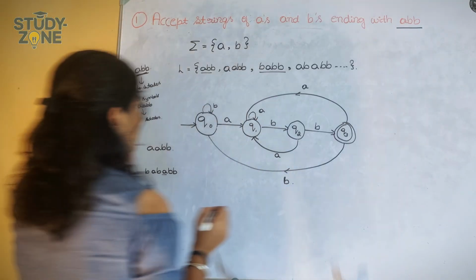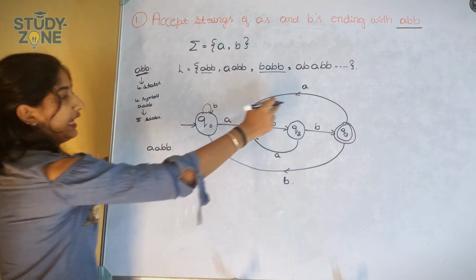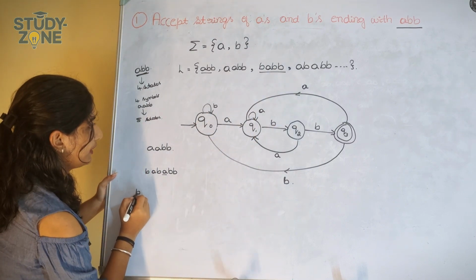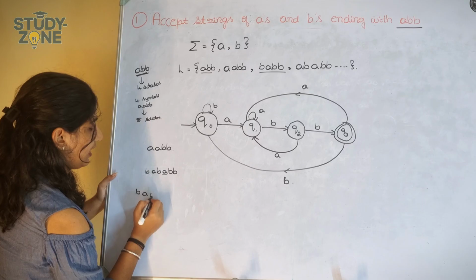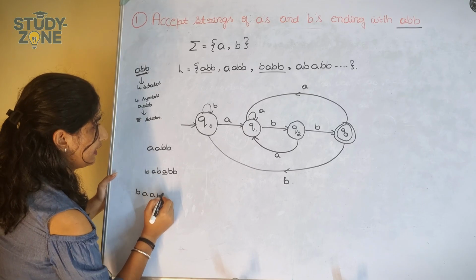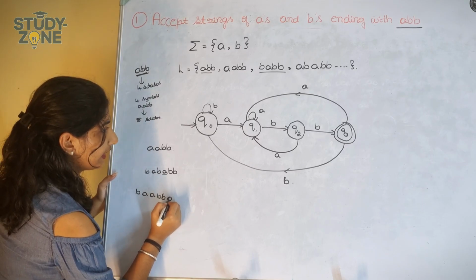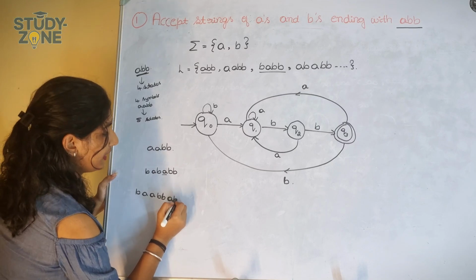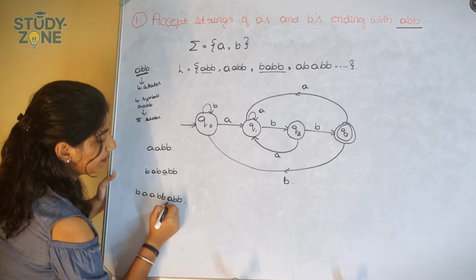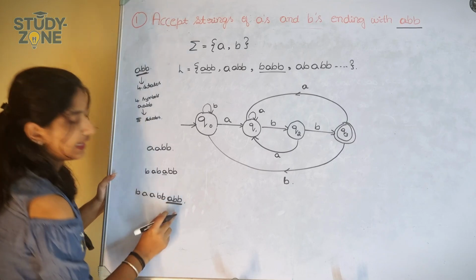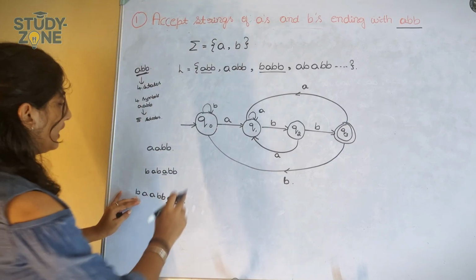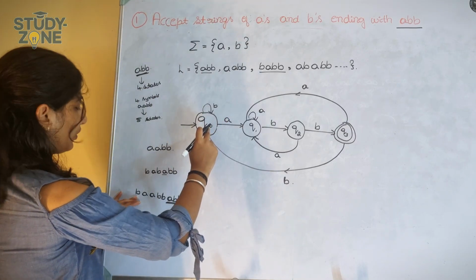Why? Let's take the string B, A, B, B, and then A, B, B. It should get accepted, because at the end we have A, B, B. So if we get B, it should stay in state Q0 only.